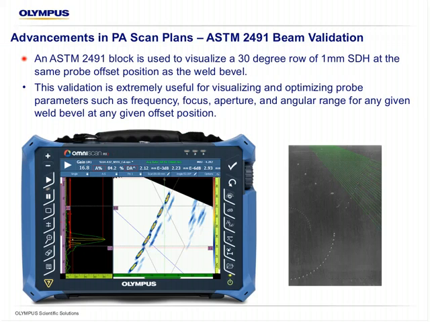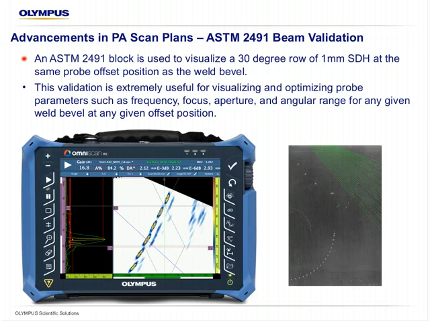Regardless of your configuration or how you go about choosing aperture, focus, and angular range, a very good tool, which we use often, is the ASTM 2491 beam validation calibration block.